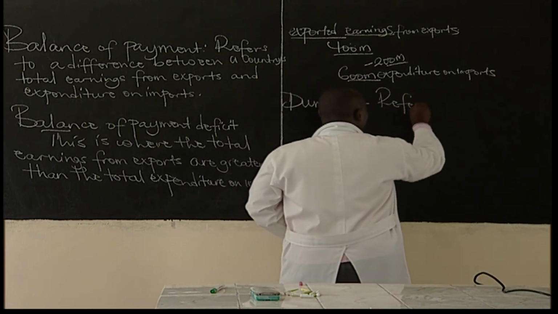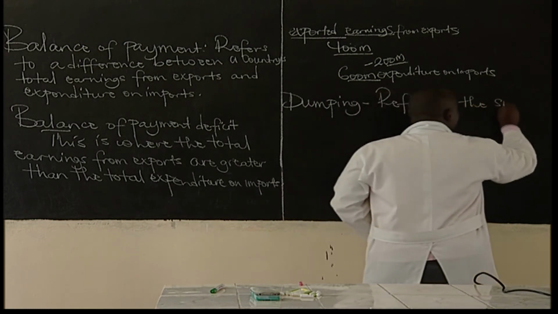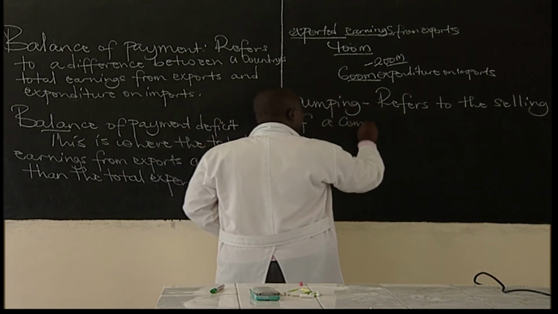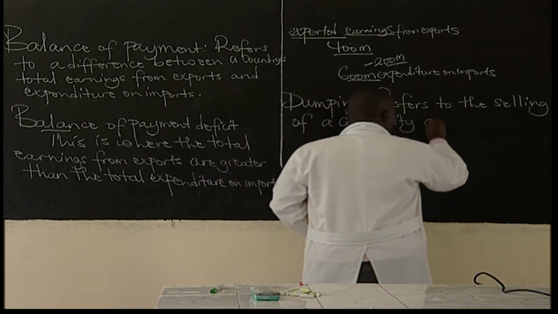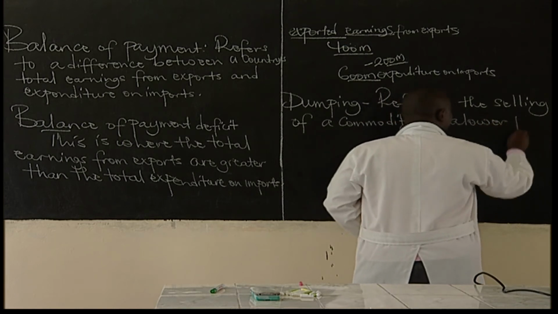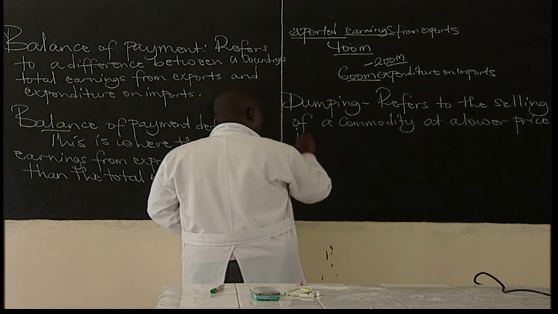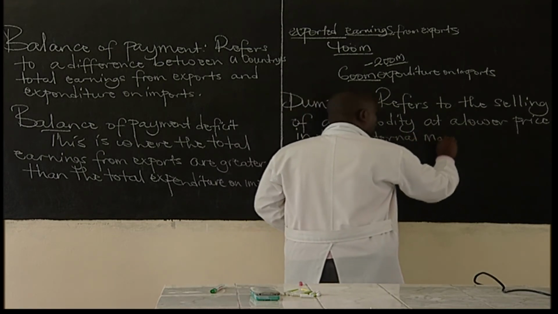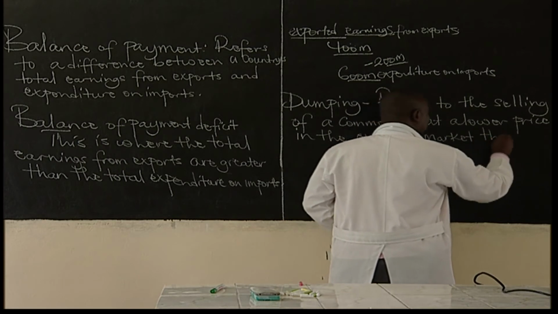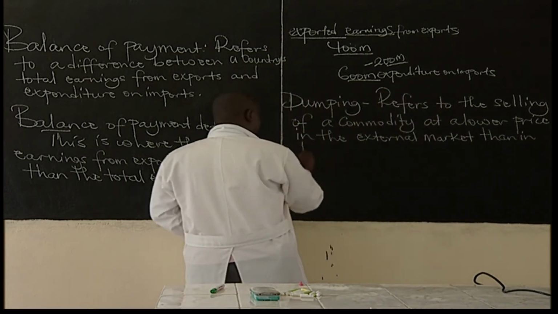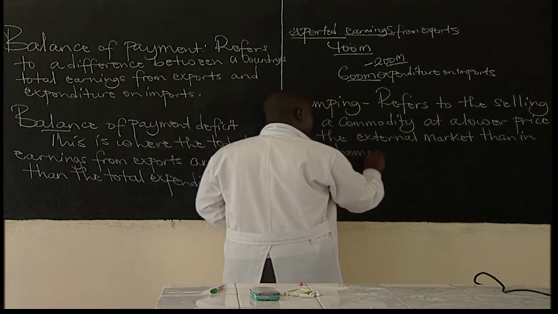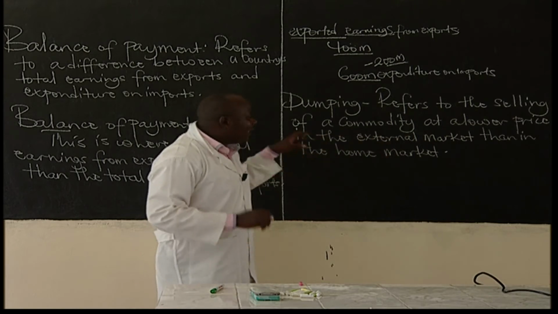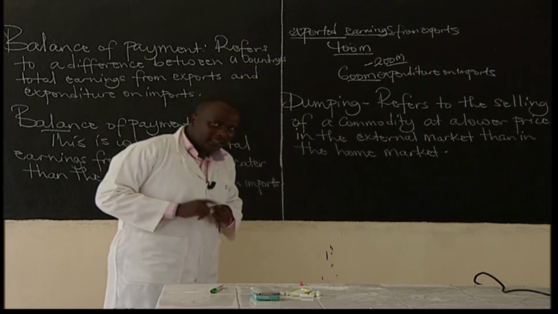Dumping refers to the selling of a commodity at a lower price in the external market than in the home market.